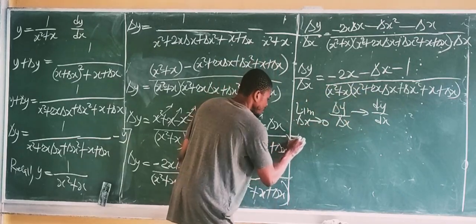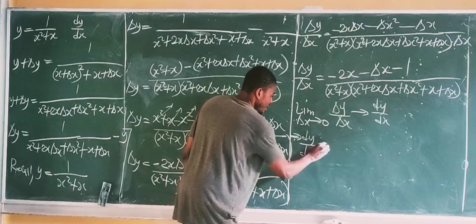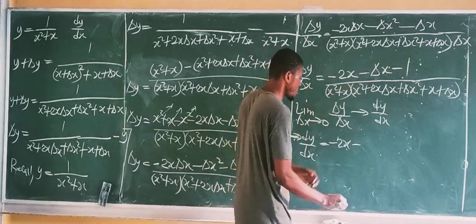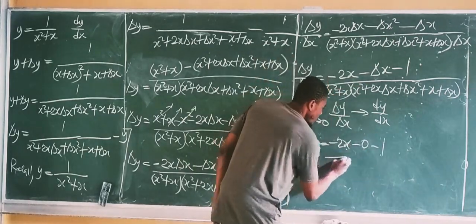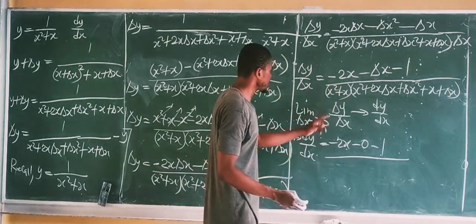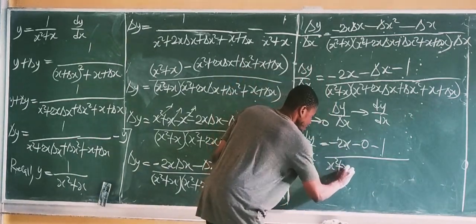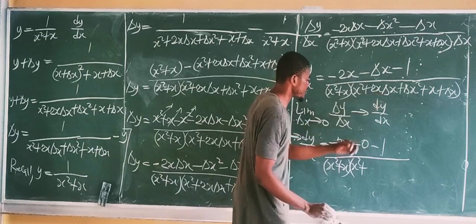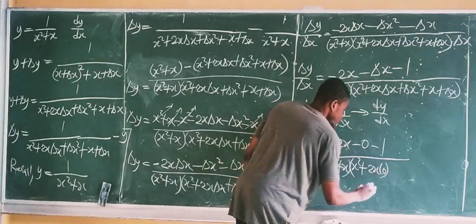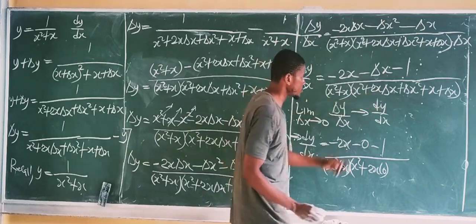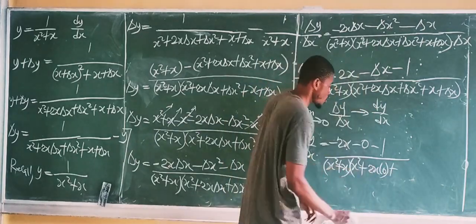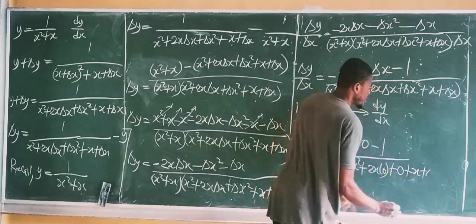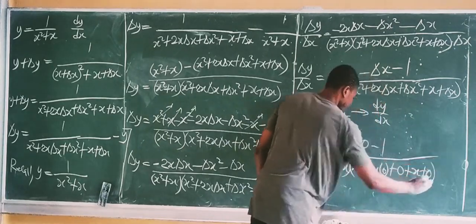So that simply implies now that dy dx is now equal to minus 2x minus 0 minus 1 all over x squared plus x multiplied through by x squared plus 2x times 0, which becomes 0, plus change in x squared is also 0, plus x plus change in x is also 0, so I have this.